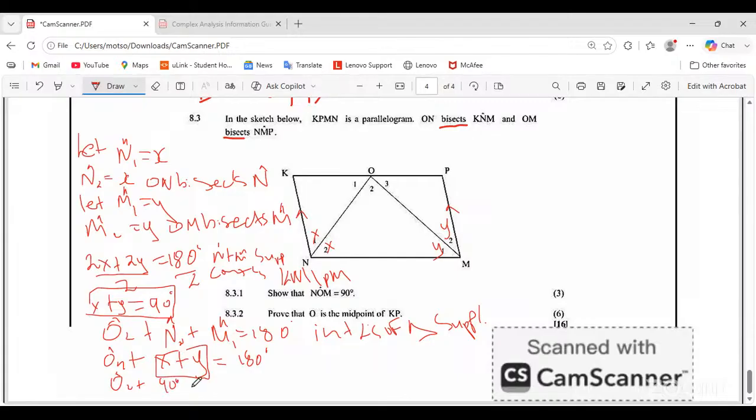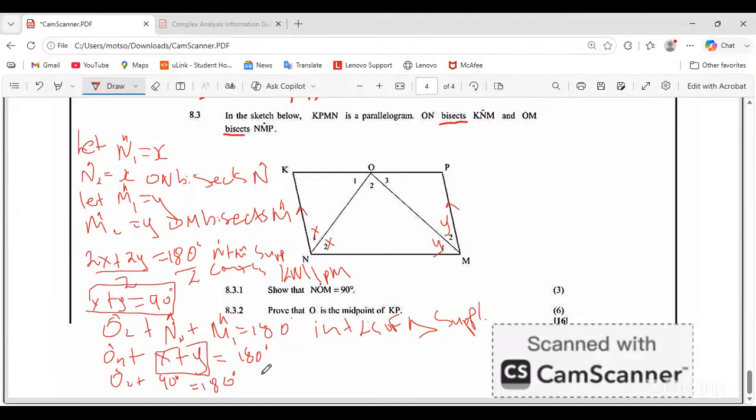Therefore, O2 plus 90 degrees is equal to 180 degrees. Now you just do your algebra. You transpose that 90 degrees to the right-hand side. O2 is equal to 180 degrees minus 90 degrees. Therefore, O2 is equal to 90 degrees.